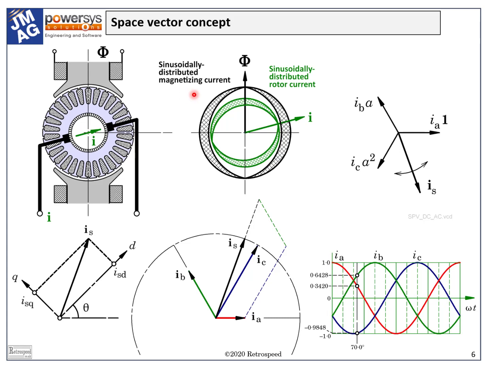Now let us consider the stator winding of an AC machine in which a sinusoidal spatial distribution of ampere conductors sets up a sinusoidally distributed flux phi. The important property of this flux distribution is its fundamental space harmonic component, which has two key parameters, the magnitude phi and the direction.